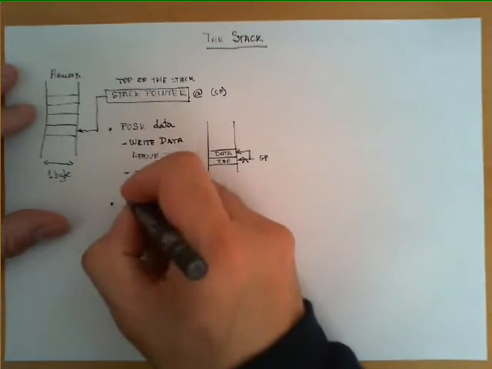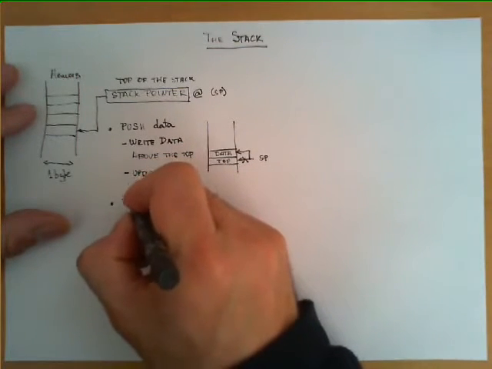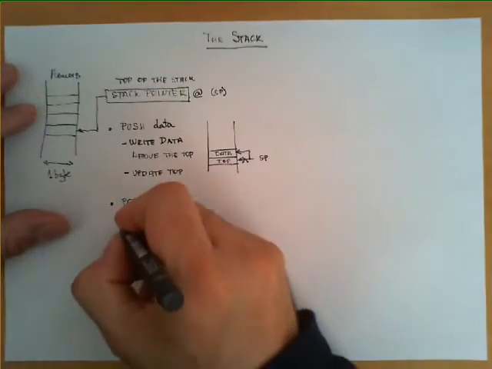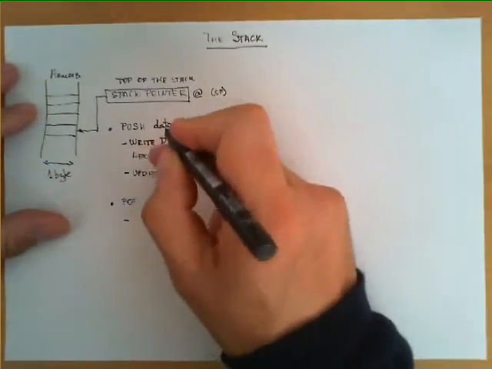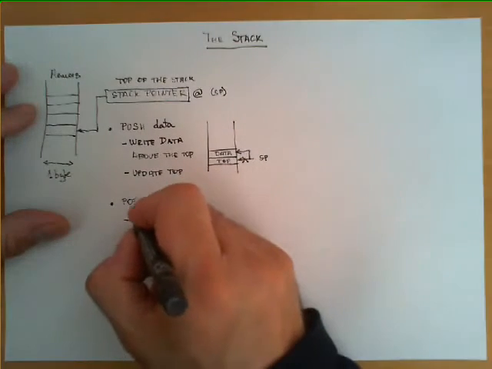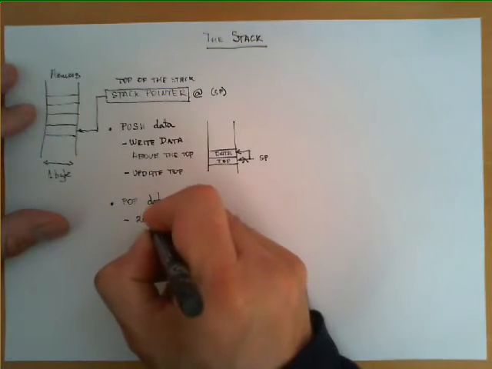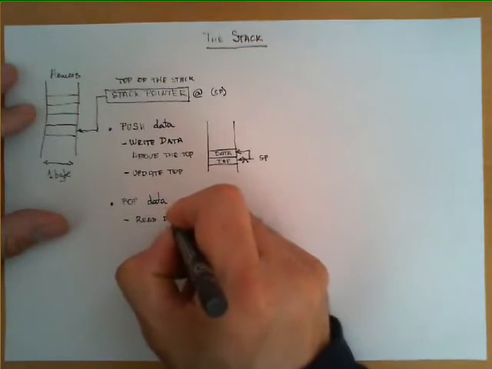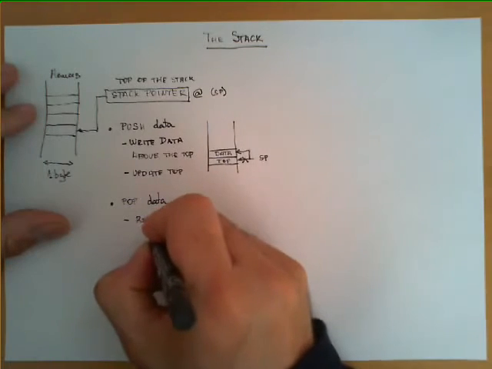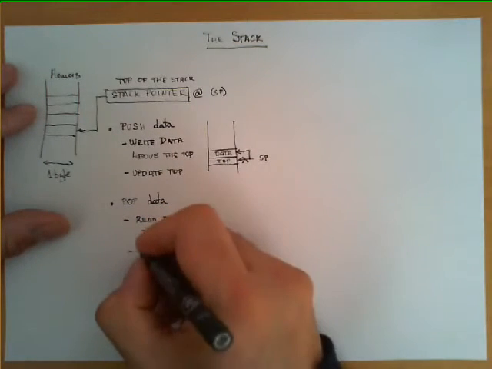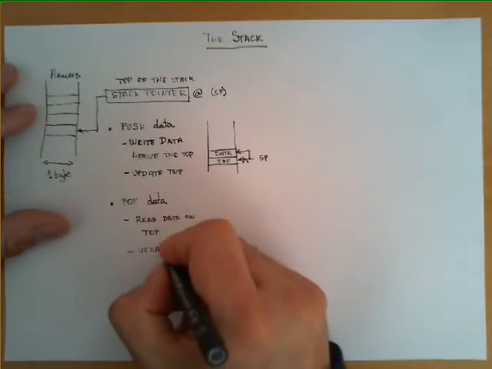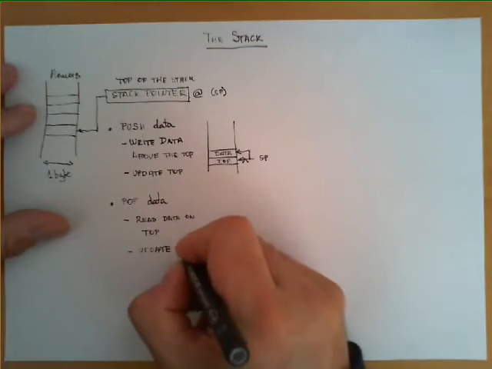Analogously, the other operation that is allowed is pop data. And as you can imagine, the two steps, similar to what happens here, that occur when we perform the operation are, first we read the data on top of the stack, and then we update the top.